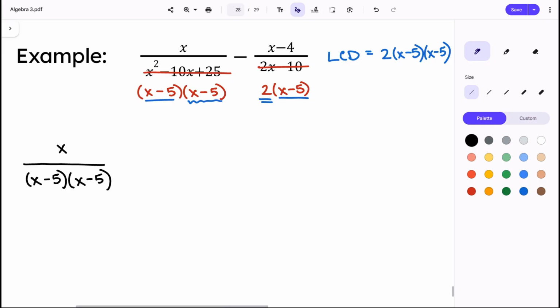Okay, but then what I'm going to do is put brackets around this. And I'm going to multiply that fraction by my least common denominator. So I'm going to now take this whole piece I wrote up here in the blue, and I'm going to put it right here. 2 times x minus 5, x minus 5.